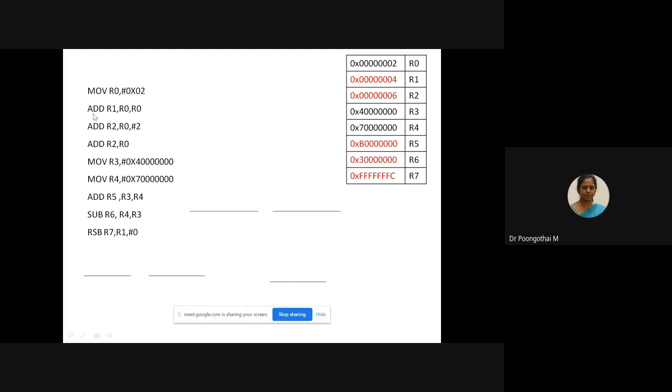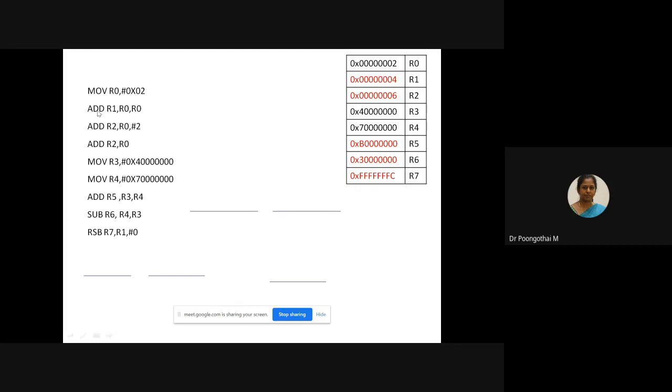The first instruction has 3 operands, the second instruction has an immediate operand, and the third add instruction has 2 operands. This instruction is used to add two 32-bit numbers, and subtraction with 3 operands, and this is the reverse subtraction, okay? So initially your R0 is loaded with 0x02, okay?